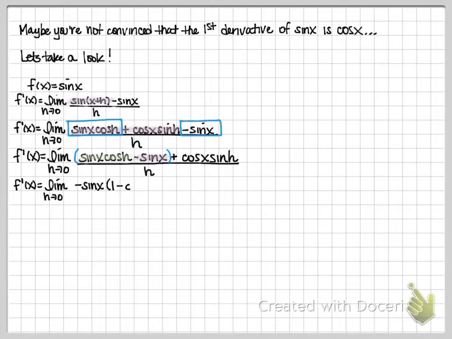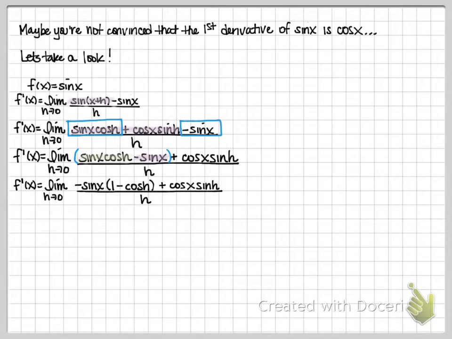So what that does is it flips my signs, because if I took out a positive sine x, then it wouldn't flip the sign of these guys. Taking out a negative sine x is for a reason, so stay with me, the reason is coming. So then just bring the next one with me: cosine x, sine h, not really doing anything with that right now, I'll get to it in a minute, all over h. Okay, this is not so bad.